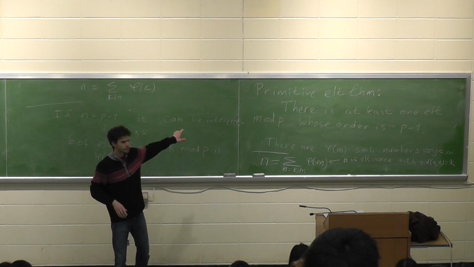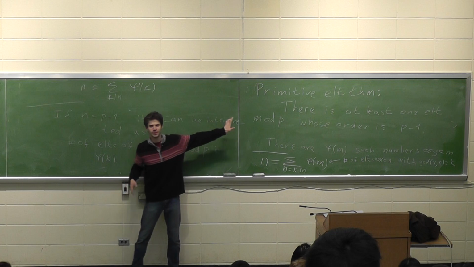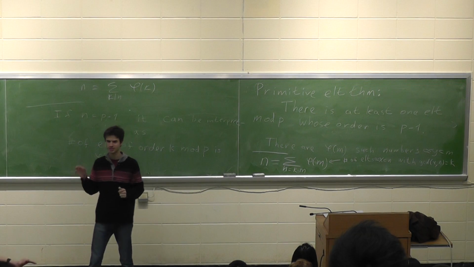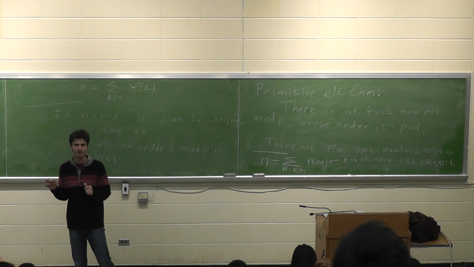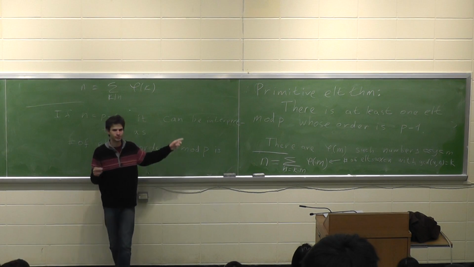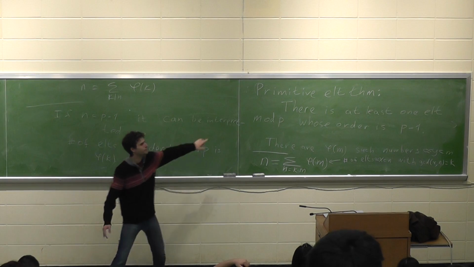It is this fact that summarizes everything that we did. This short statement, that there is at least one element whose order is p minus 1, is, if you want to remember just one statement out of the last 3 hours, remember this statement.